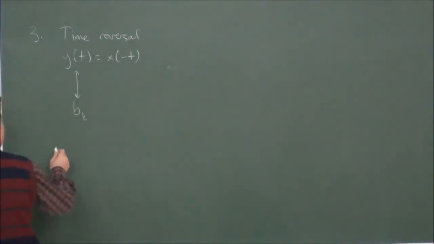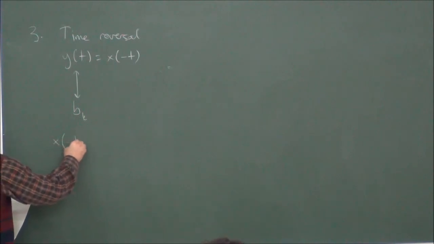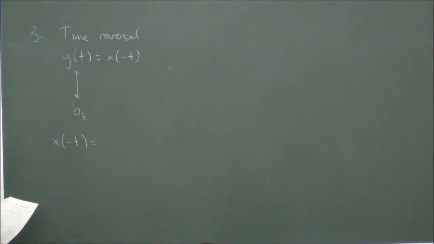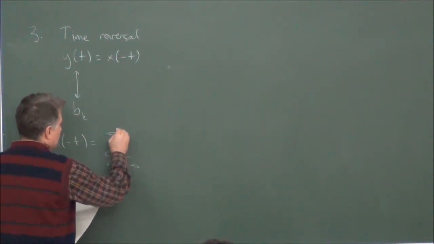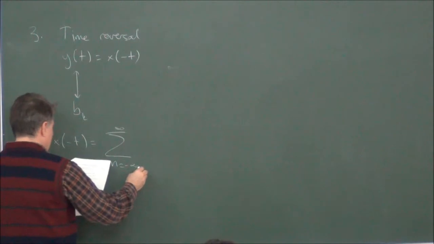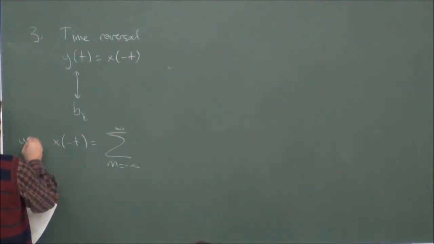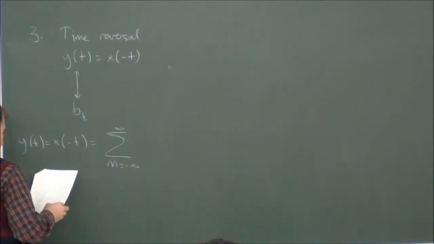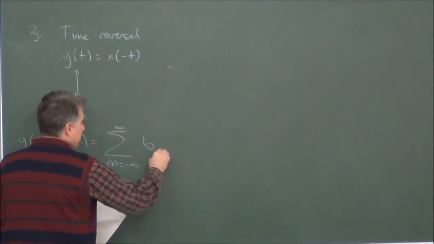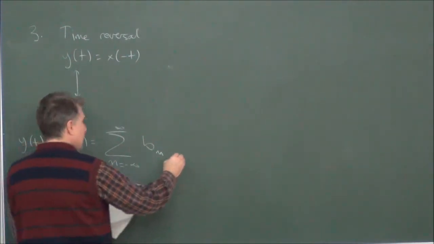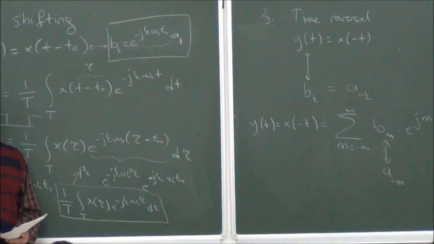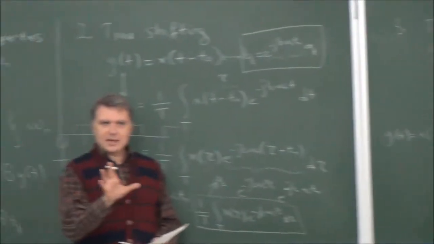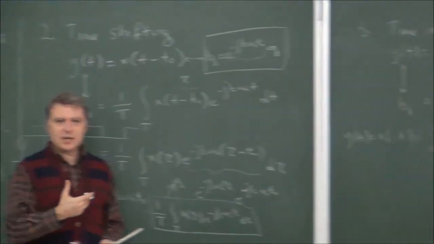Now, if we want to write x of minus t in terms of the Fourier series coefficients, the sum over m from minus infinity to infinity, which is y of t, of course, bm times e to the j m omega 0, making it negatively indexed doesn't change anything.